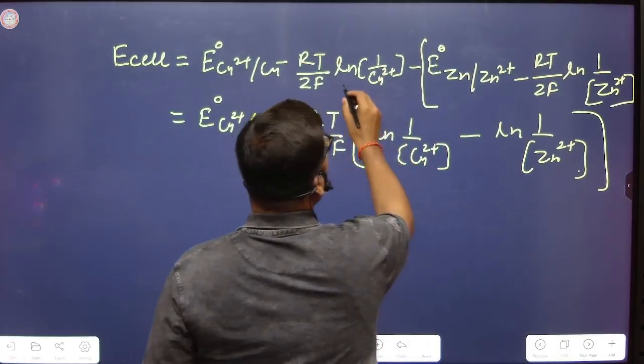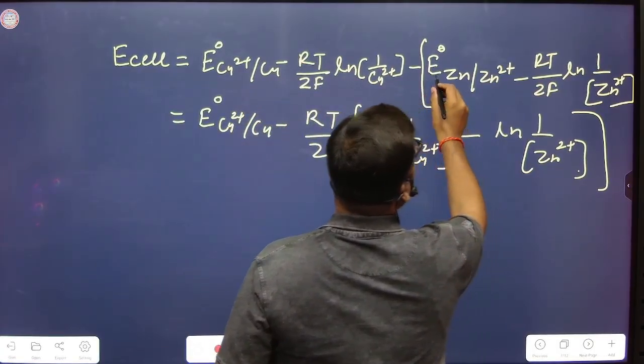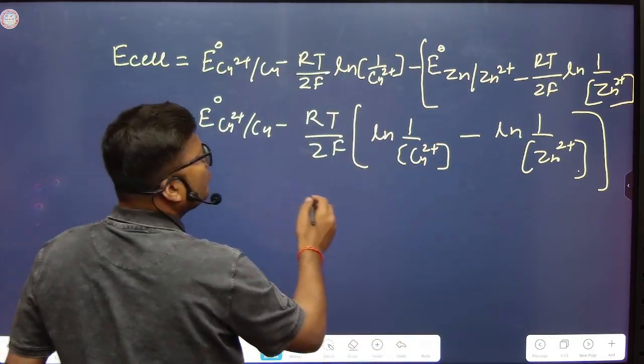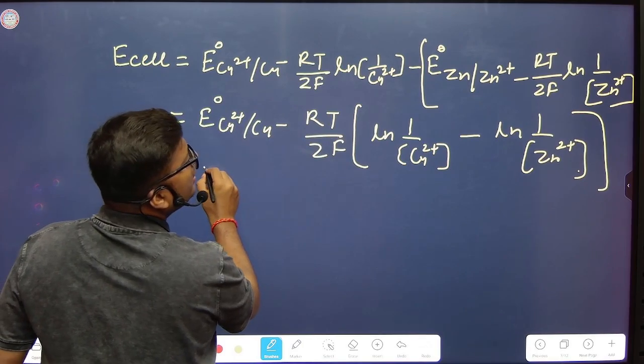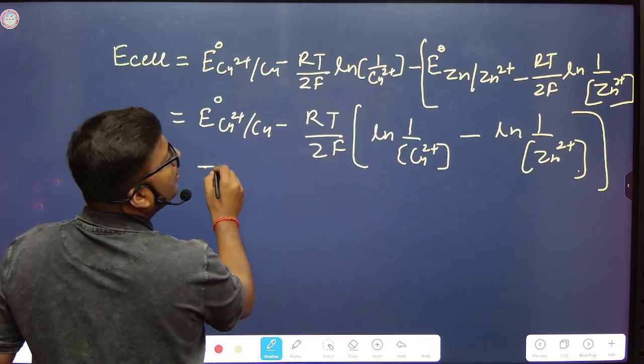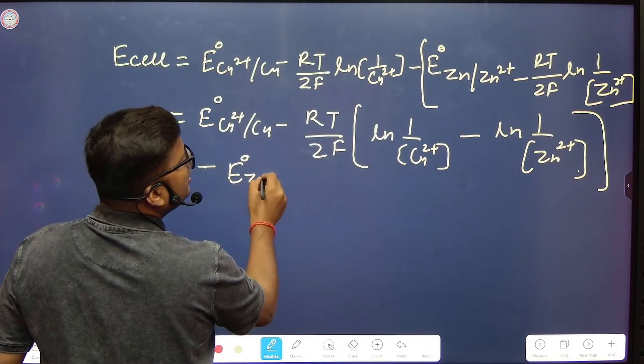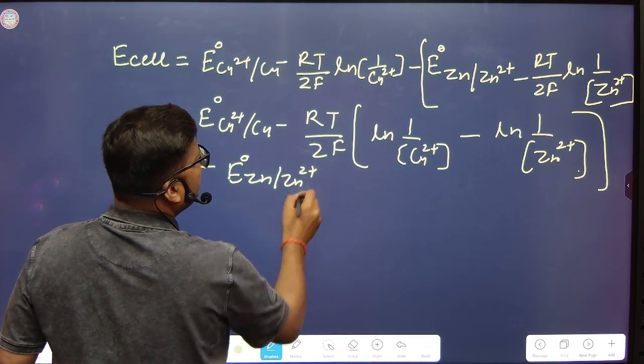And that will be minus E. So here one parameter is left, that will be minus E naught Zn2+, right?